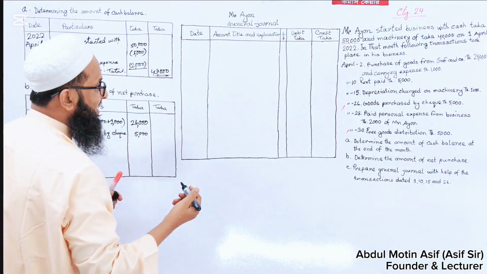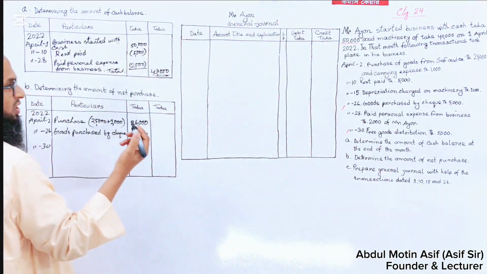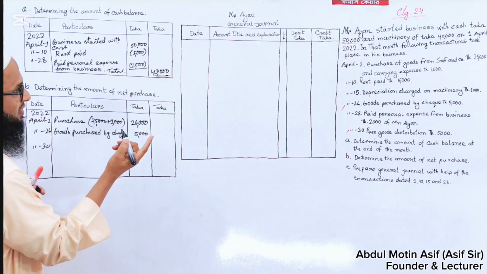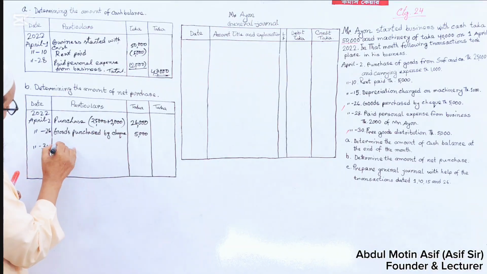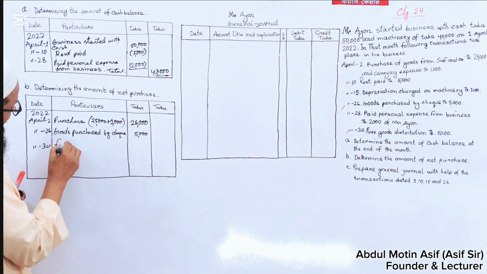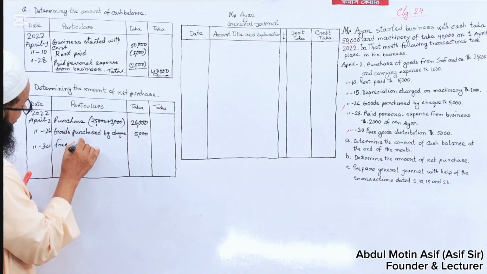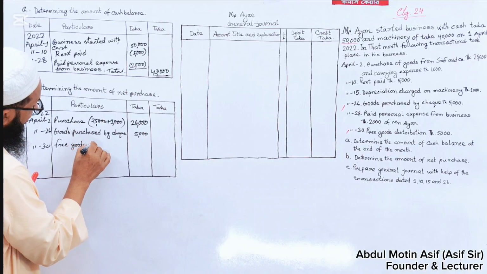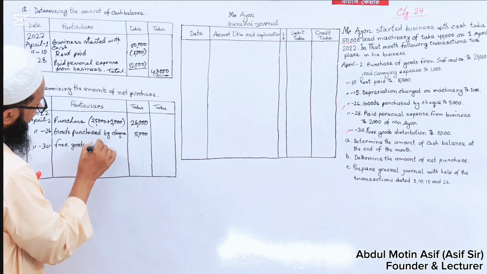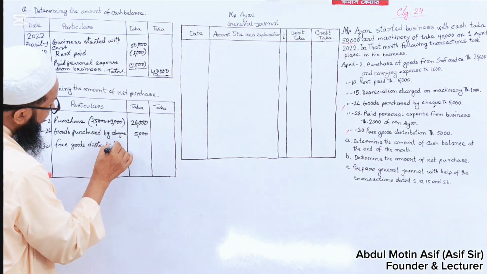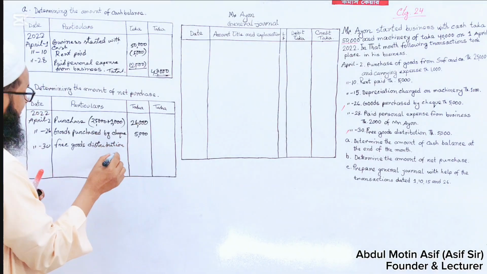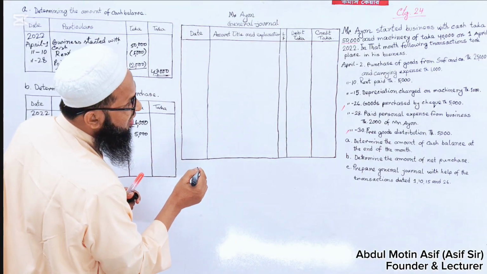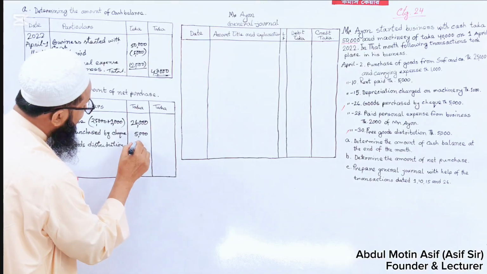This transaction decreases our purchase. For that we write decrease purchase, free goods distribution taka 5,000.